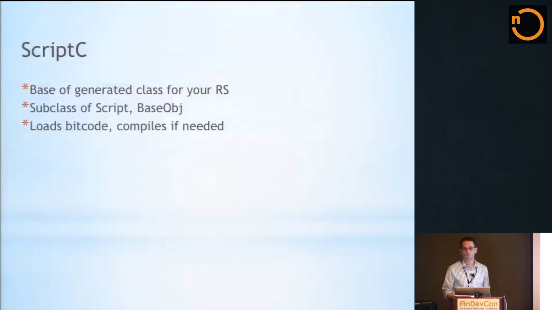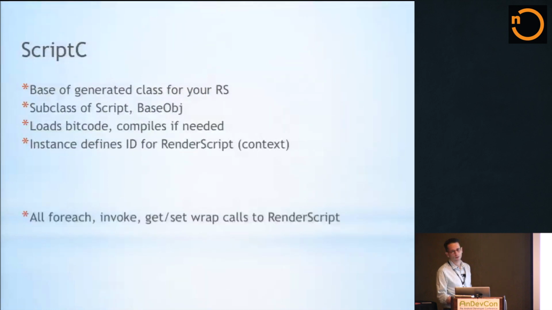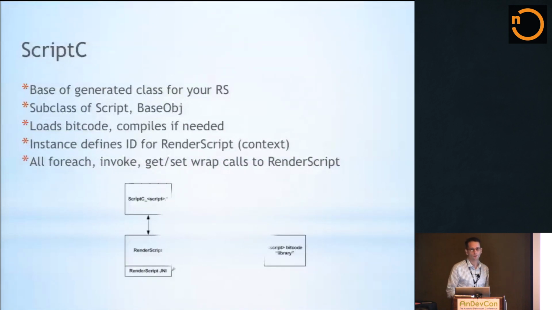The first time it's run, or if you update your APK and that RenderScript resource has changed, it'll recompile it again. The instance defines an ID for the RenderScript context, so there's some coordination going on between these two things. All of your forEach, invoke, get and set, wrap calls to RenderScript are all handled inside of here, down within the framework.